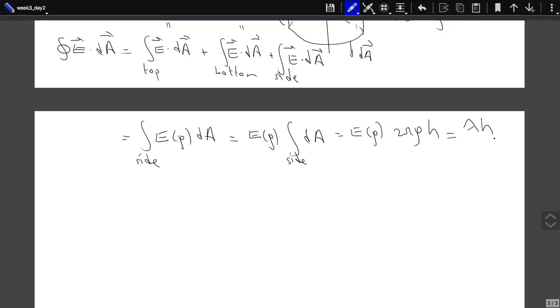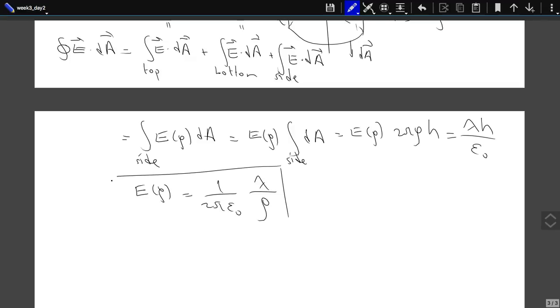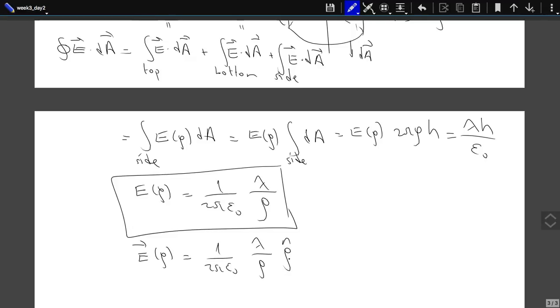This is the enclosed charge divided by epsilon 0. And this gives us E of rho is equal to 1 over 2 pi epsilon 0, lambda over rho. And if you are asked to find the electric field, it is lambda over 2 pi epsilon 0 rho in the rho direction.